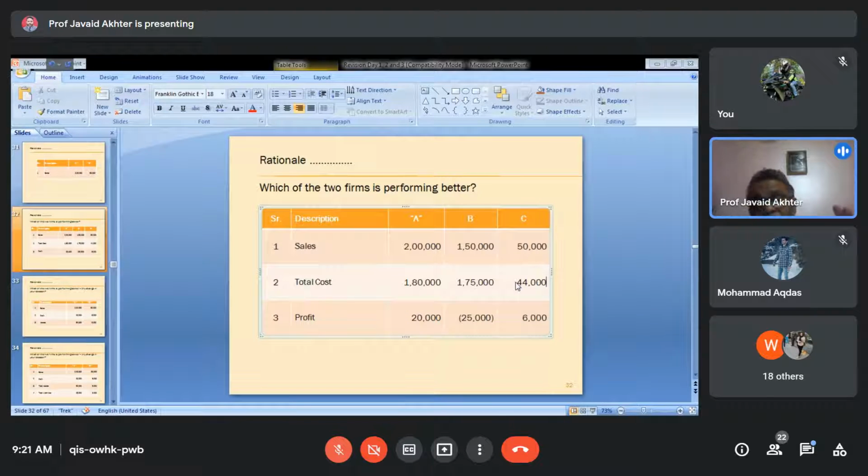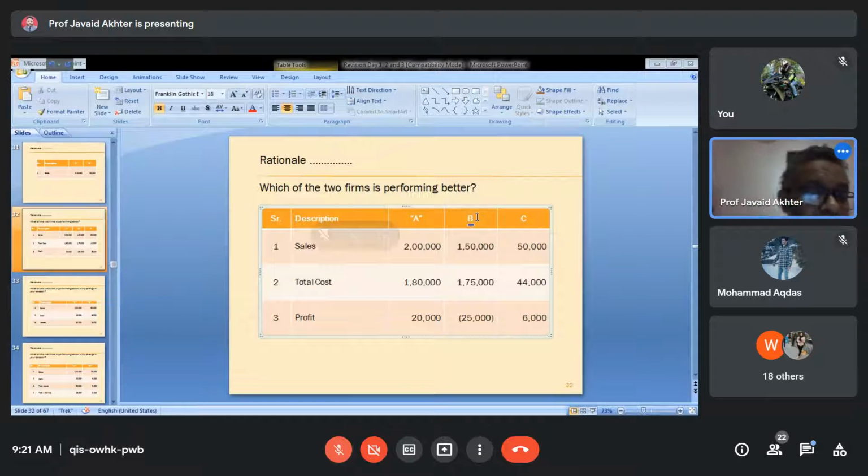Then we may arrive at an answer in which area, in which product we are making loss, in which we are making profit, which product is giving less profit, which more profit, and where the problems lie.